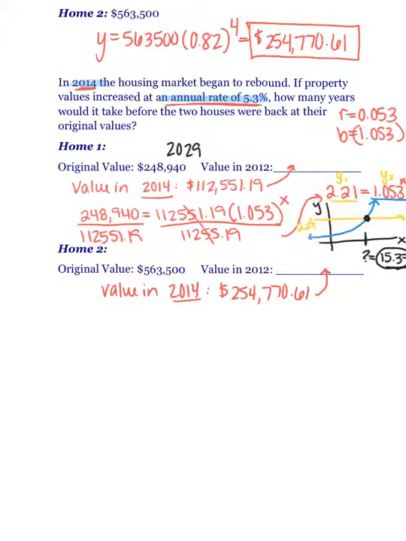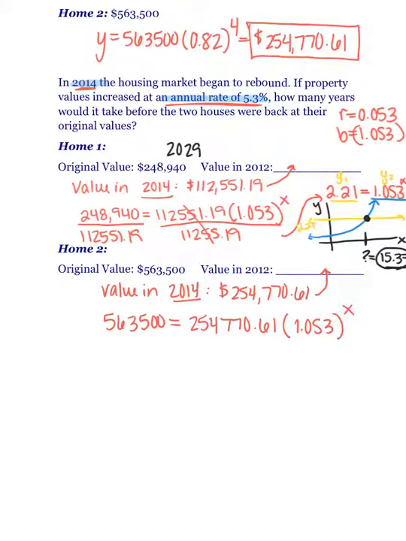What I want as my output is the original home value. I want this $563,500 back. So that is going to be equal to my value in 2014 times my B value, which is still 1.053 if it's increasing at a 5.3% rate.